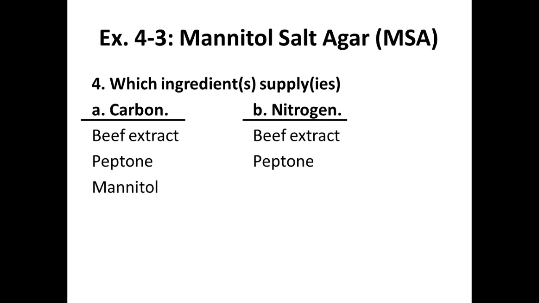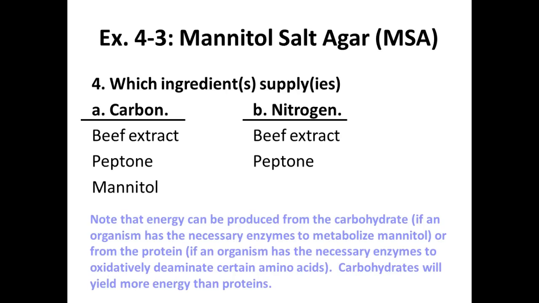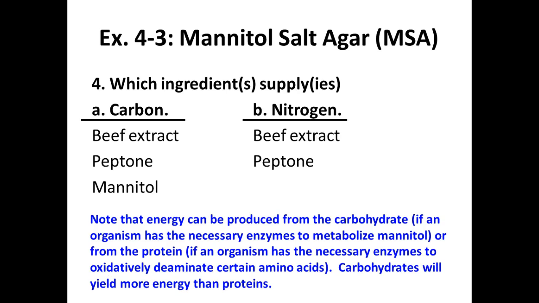Mannitol is used mainly as an energy source, if they can utilize it. But it only contains carbon. So they can produce energy from carbohydrates, from the mannitol, if they have the necessary enzymes to break down that particular sugar.